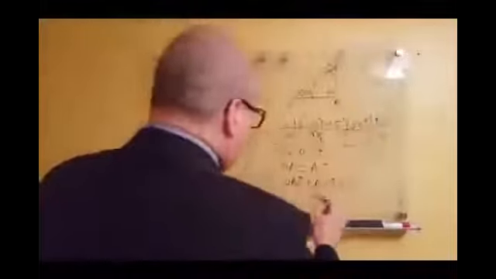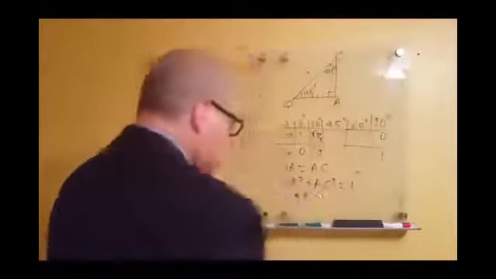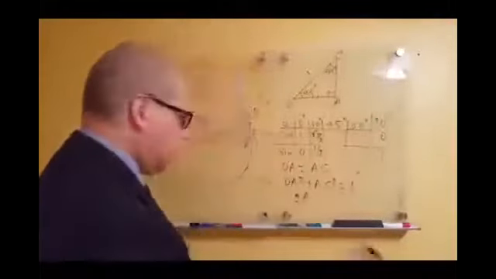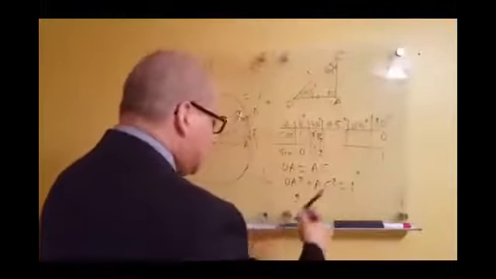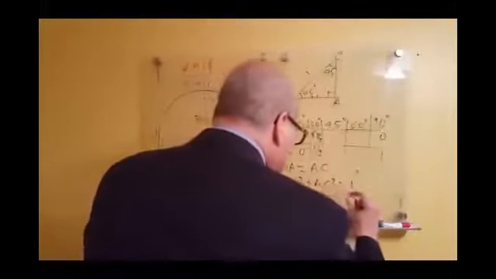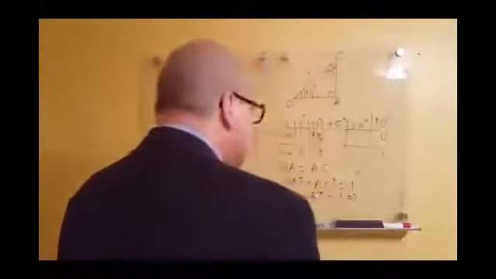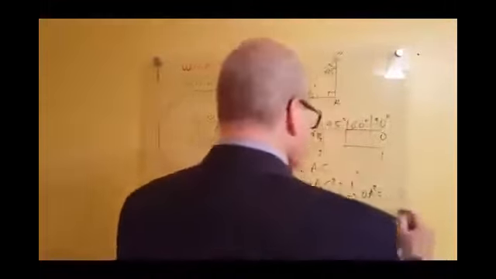And because these two are the same, you have 2 times OA squared is equal to 1. So from that you get that OA squared is equal to 1 over 2.